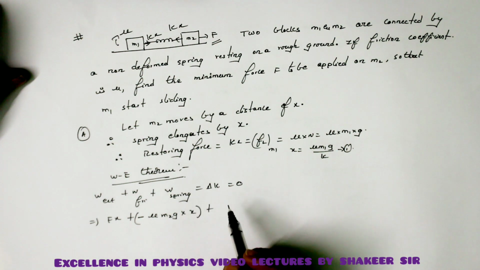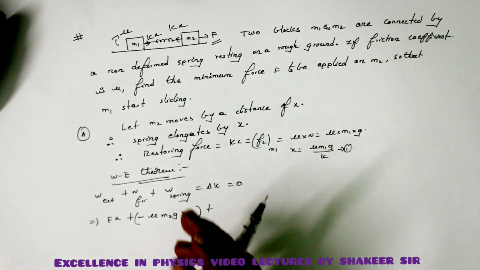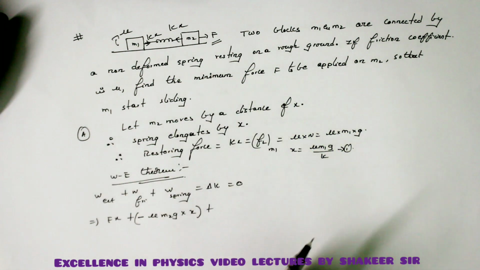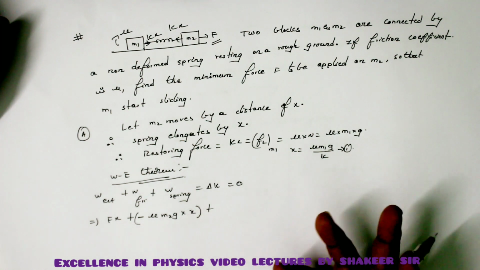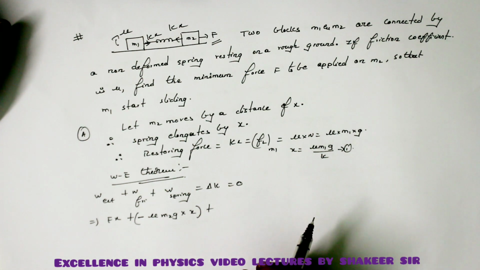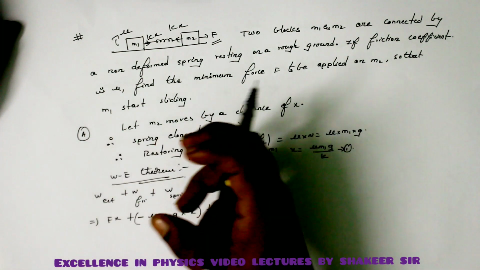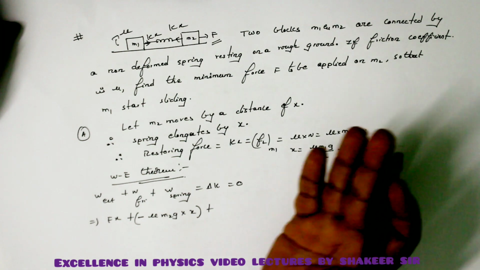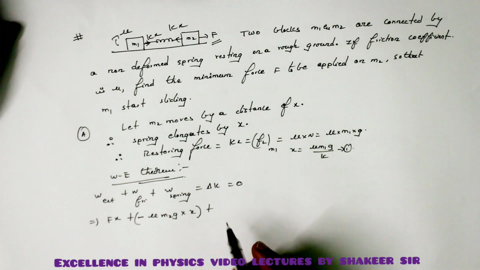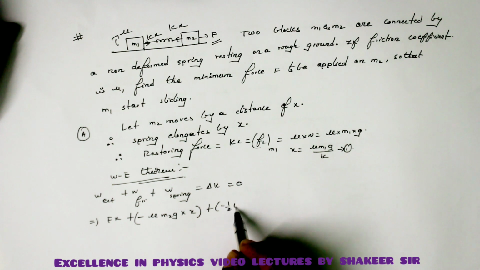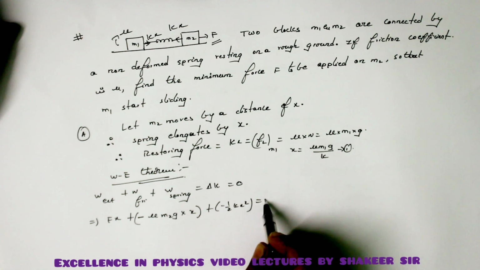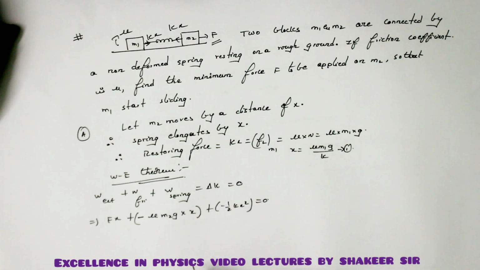And work done due to spring is also negative because the spring is elongated from the mean position. If the spring elongates from the mean position, the spring does negative work, because the elongation is in one direction and the restoring force is in exactly the opposite direction. So minus half k x square, totally equal to 0. So this is the relation I got up to here.